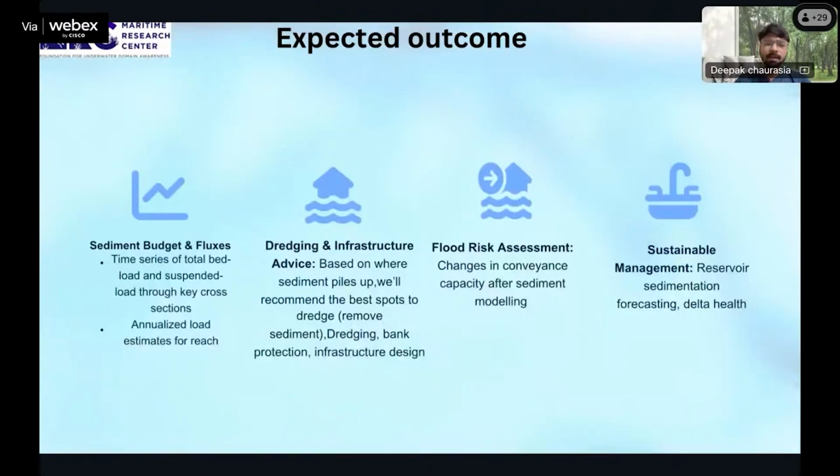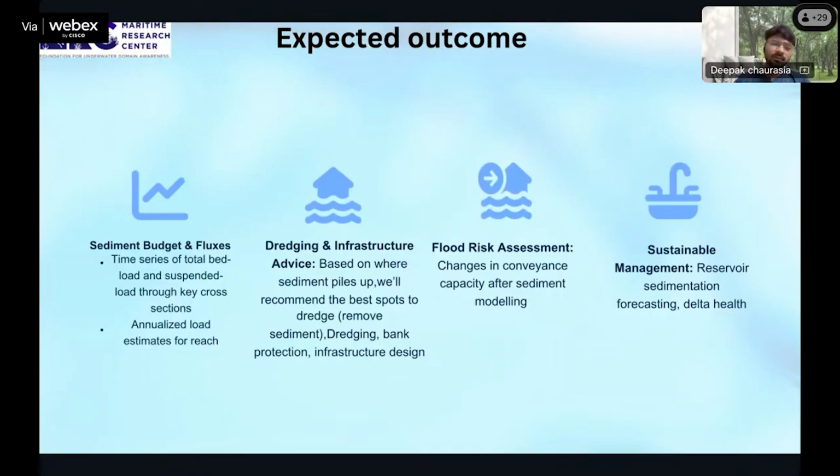And here are the outcomes that we are expecting from our model. First of all is the sediment budget. Of course, we are doing sediment modeling, so we will have sediment data as time series and annual loads. Second is dredging and infrastructure advice.